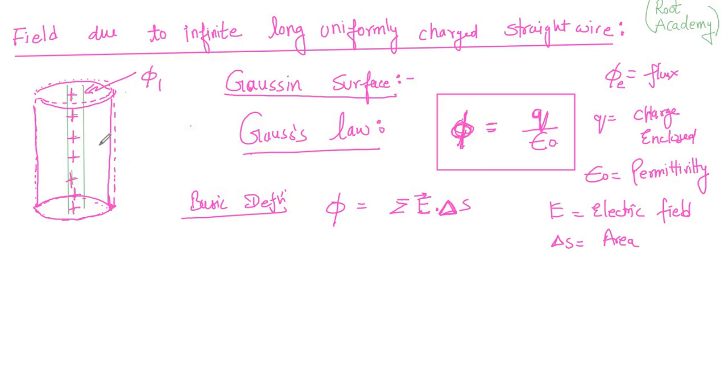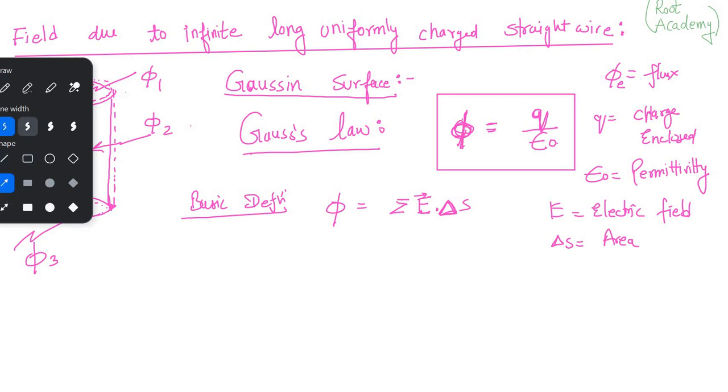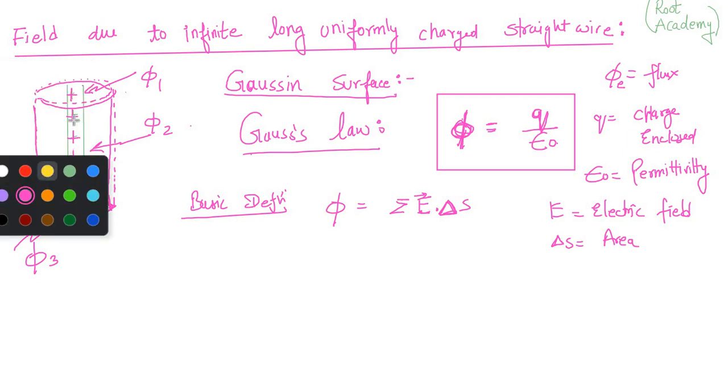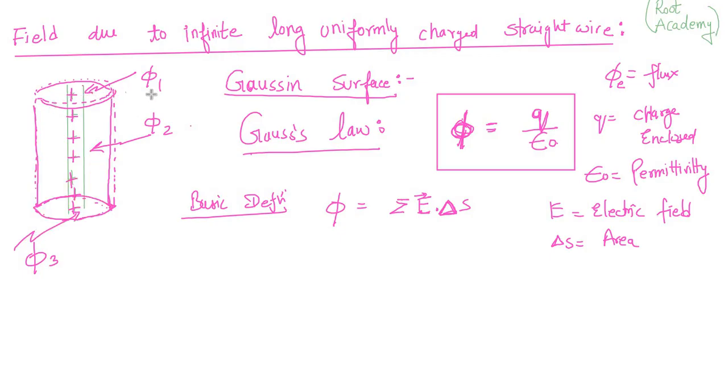So there will be three fluxes coming out of it. The top surface flux is phi 1, the middle surface flux is phi 2, and the bottom surface flux is phi 3. We know by rule that electric field lines come out from a positive charge. The electric field lines, or flux, are always outward, perpendicular to the wire.